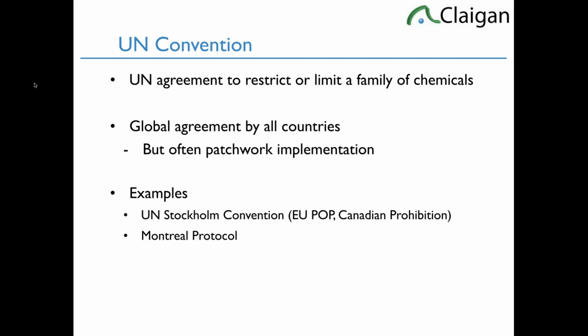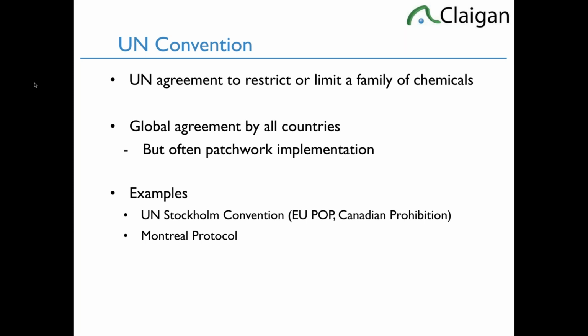So the UN Stockholm Convention on Persistent Organic Pollutants is probably the one that's going to affect your products the most. The Montreal Protocol and related conventions beyond that affect fluorocarbons, ozone depleting materials, refrigerants. And we still deal with refrigerant problems people are having even now. But for the most part, we're going to talk about the persistent organic pollutant side, the UN Stockholm Convention.